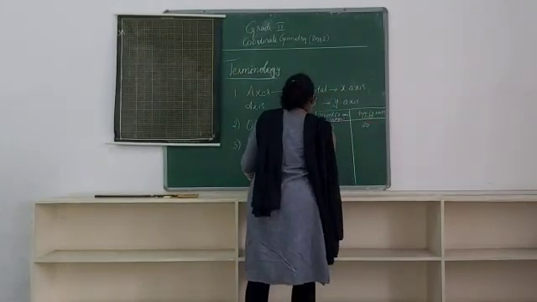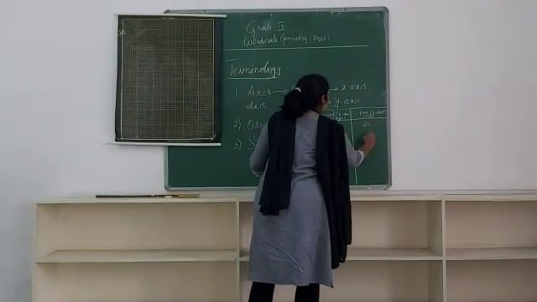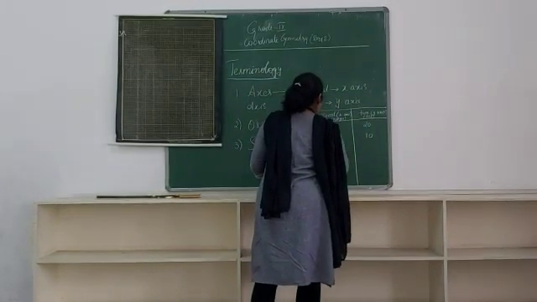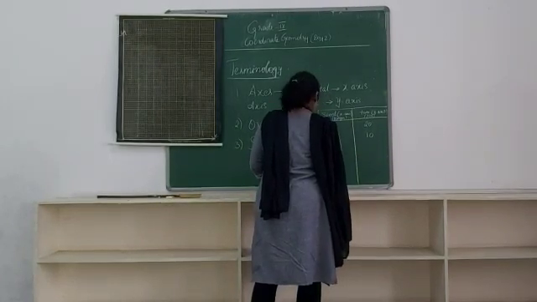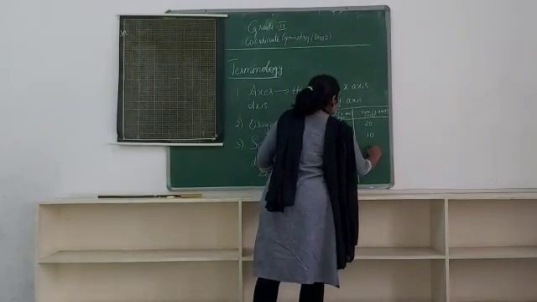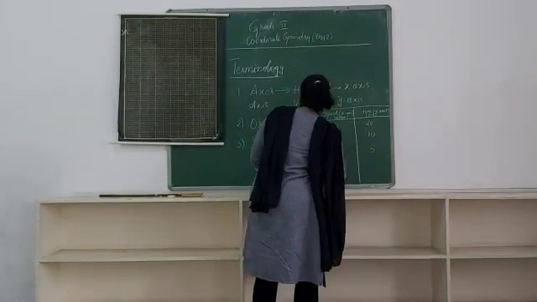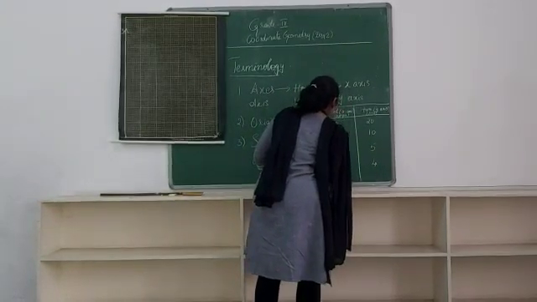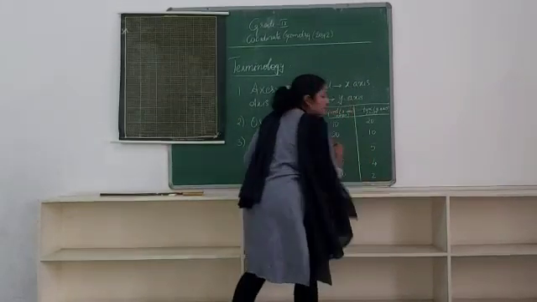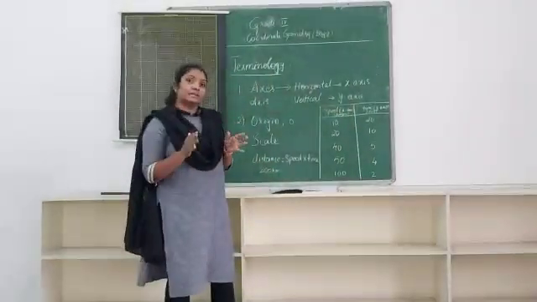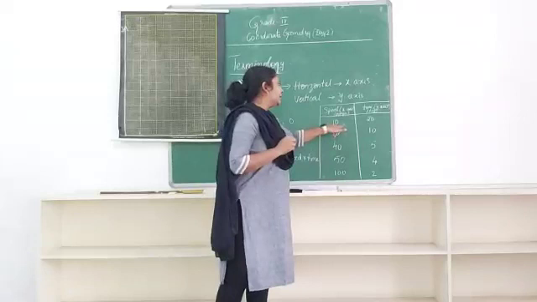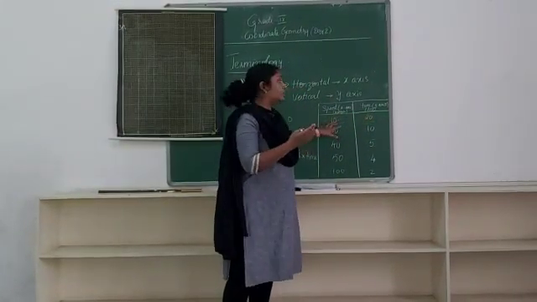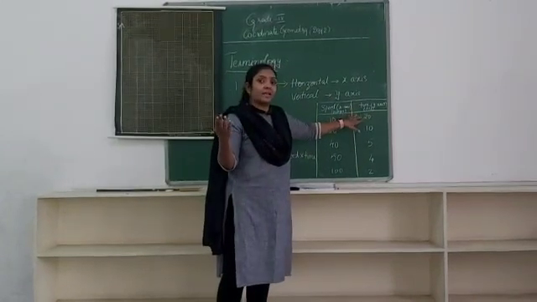If the speed is 20, time will be 10 hours. If it is 40, it will be 5 hours, and if it is 50, it goes for 4 hours, and if it is 100, it goes for 2 hours. Now I have a set of data which gives me the two values on the x-axis and y-axis respectively.